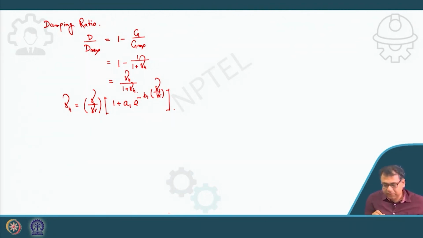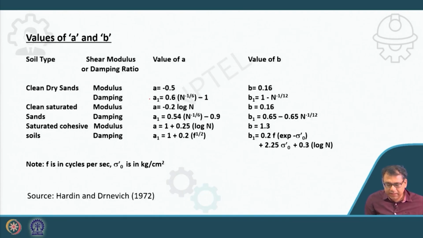Here also, how will I get the A1 and B1 parameters? So for damping it is A1 and for modulus it is A, for damping it is B1 and for modulus it is B. So this table is given.